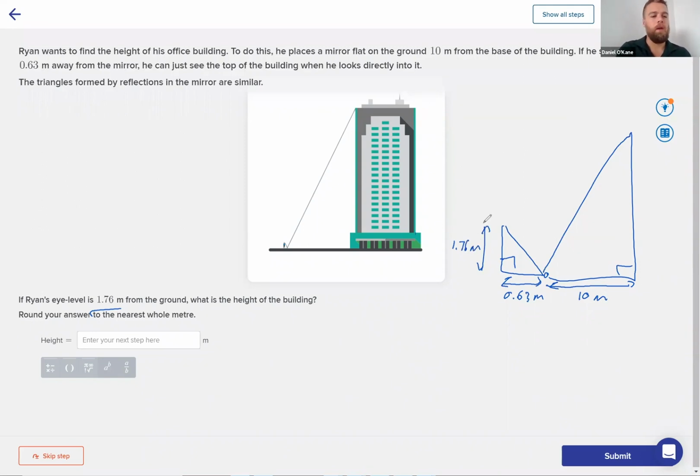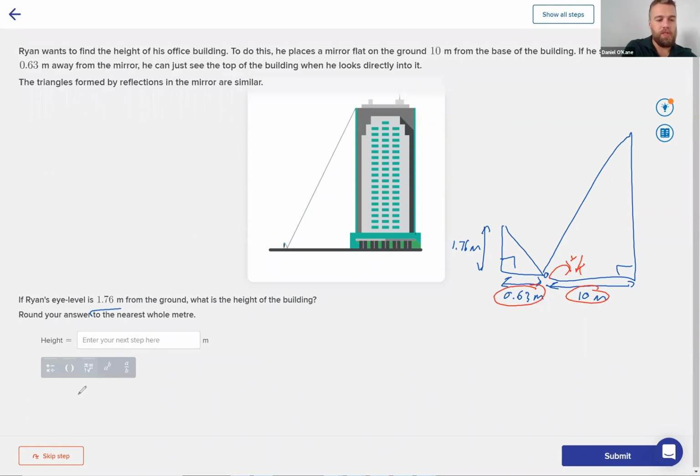Okay. So then what is the height of the building according to similar triangles? Well, I know that because these are similar triangles, I have to multiply this number by a scale factor to create this number, okay?